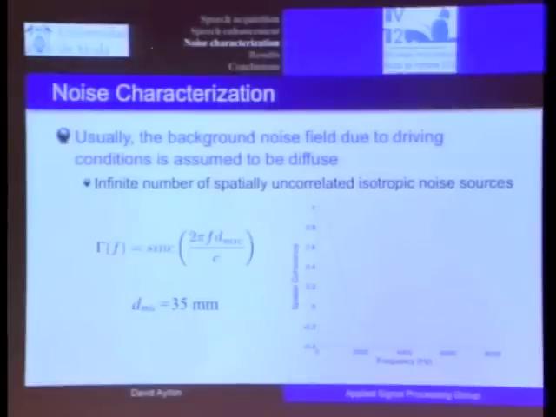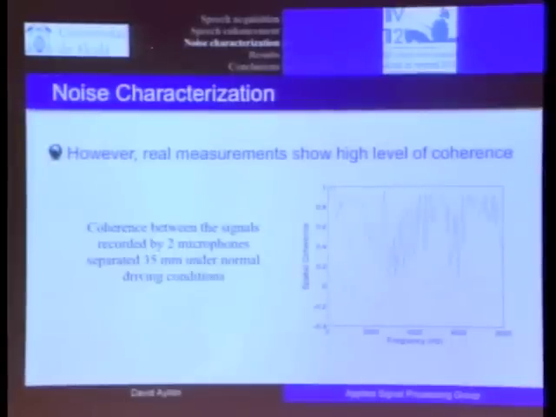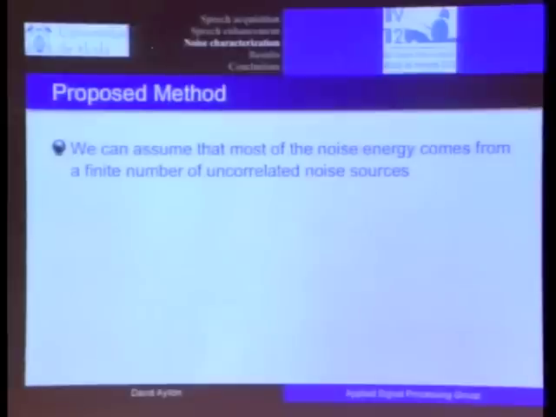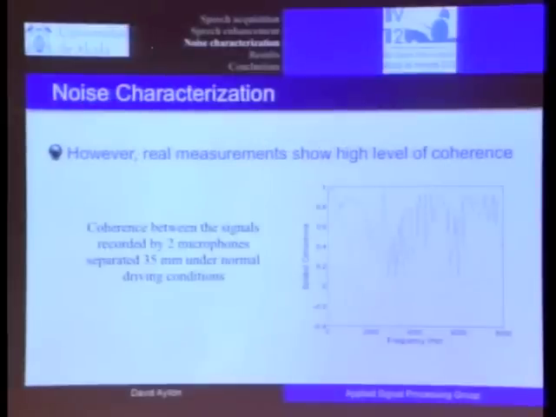But we have performed several real measurements in different scenarios, and we found that the real coherence between two microphones is this blue line here. So the coherence is much higher than the diffuse noise field. This is the red line.